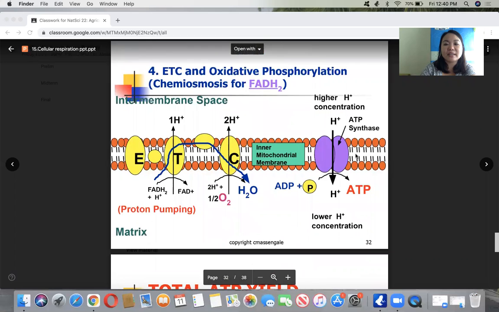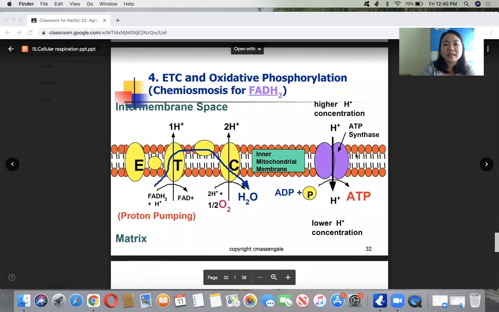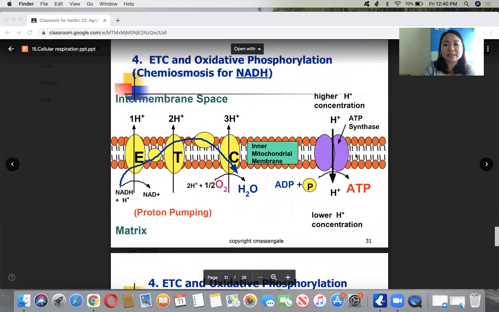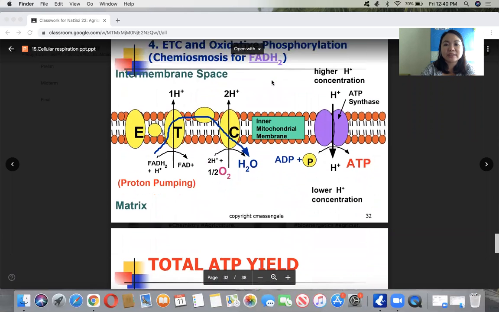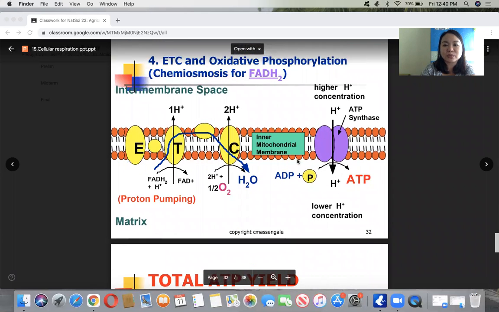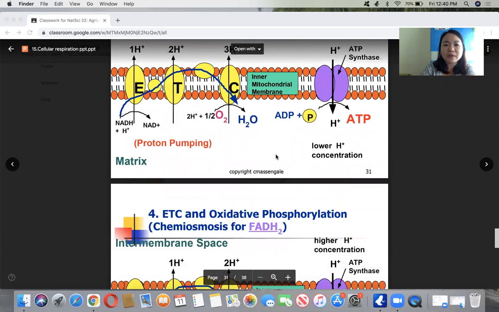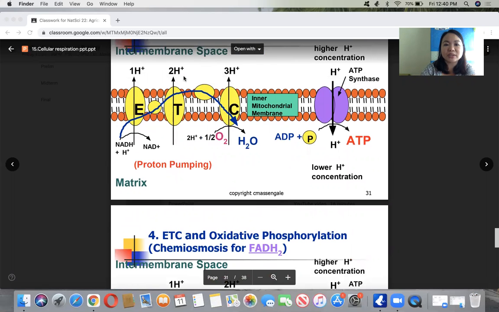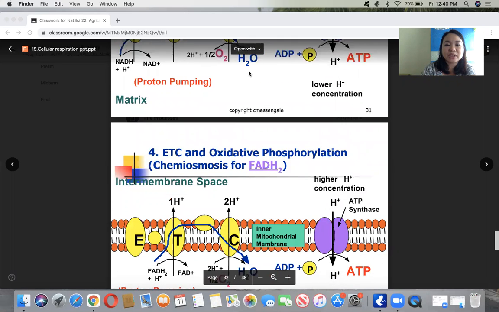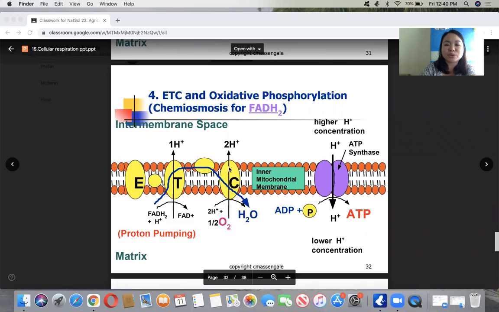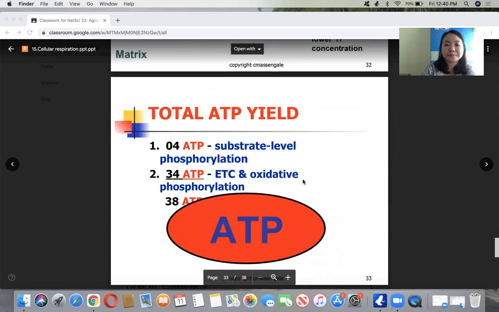So again, in this process for NADH, and this for FADH2, as you can see here, we have 3 levels of hydrogen, 1, 2, 3 hydrogen ions, but here we have only 2 levels from FADH to ADP and ATP, proton pumping.